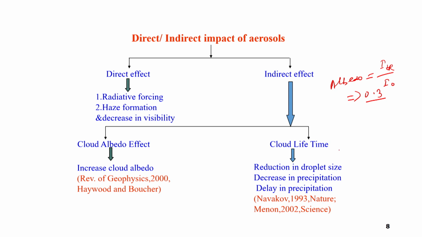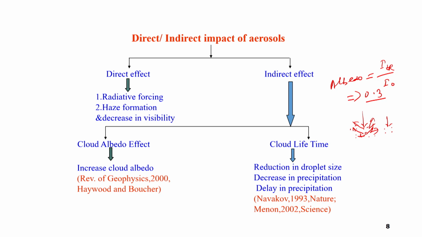So now what will happen if you increase the number of particles, compared to the case where you have very few? Each particle will try to reflect radiation back. So when they reflect back, they will lead to an increase in albedo, because your reflected radiation is increased.